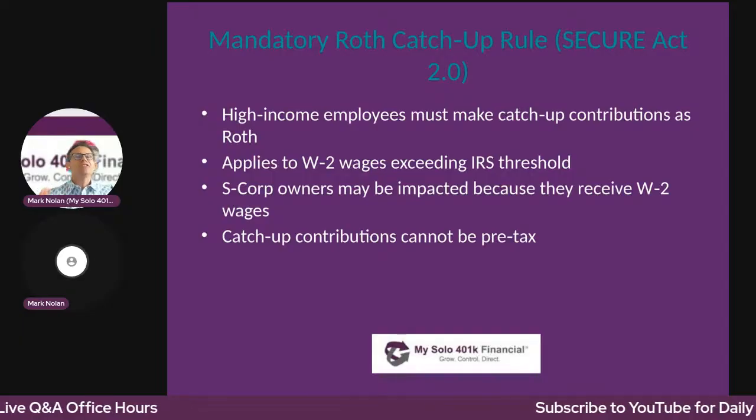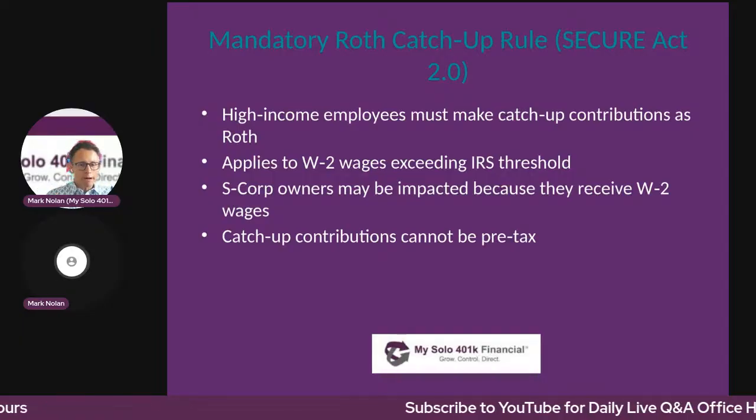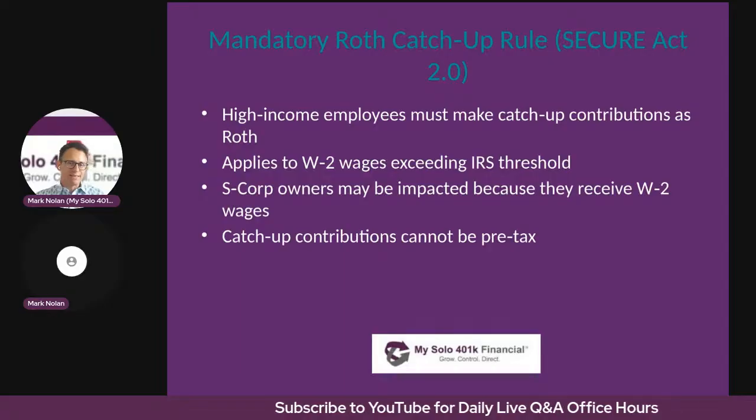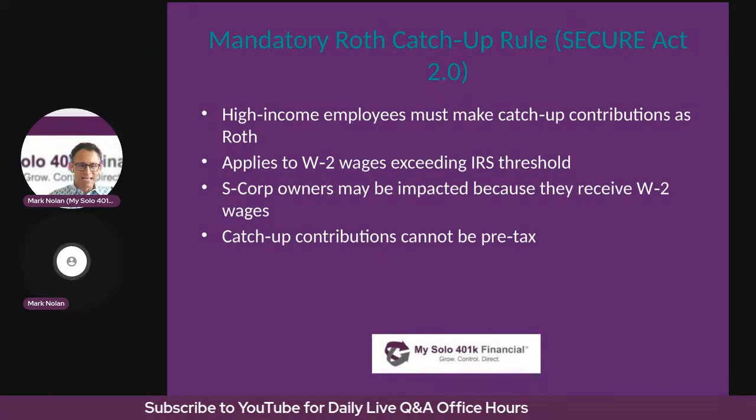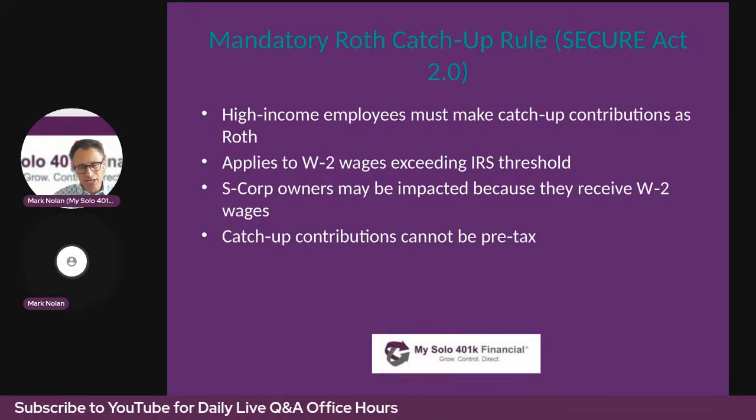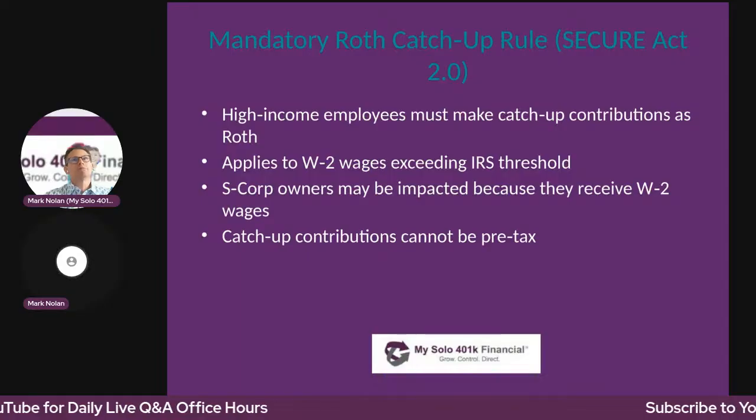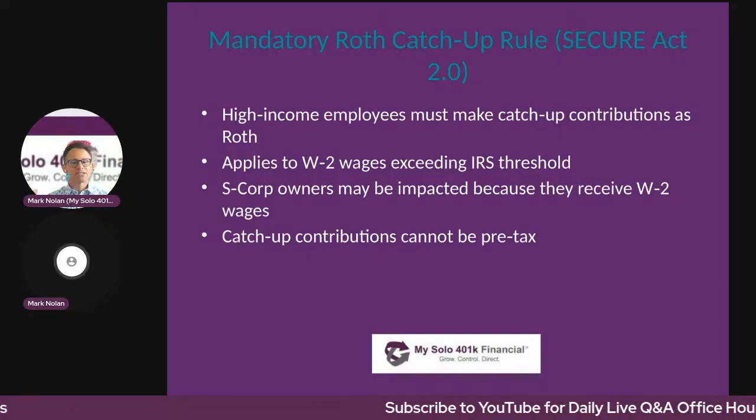Now, this is unique to C corporations and S corporations, and this new rule does not apply to sole proprietorship or partnership self-employed businesses. So this is how this applies to S corporations.